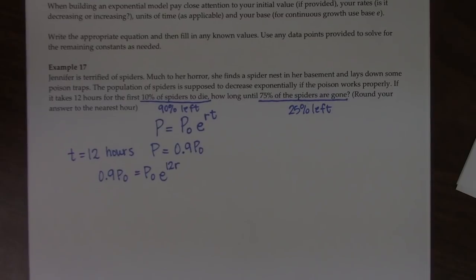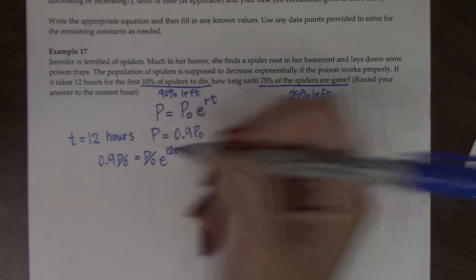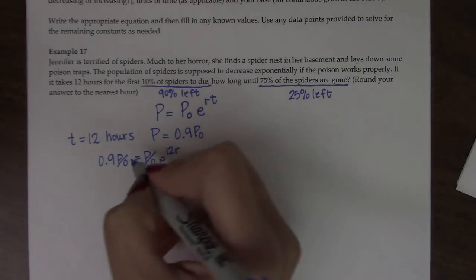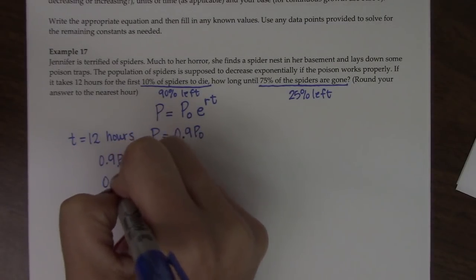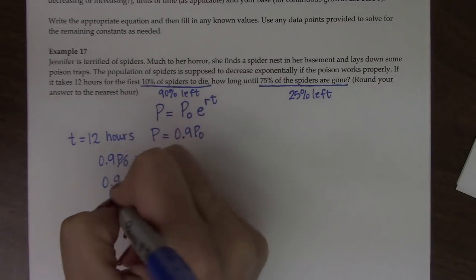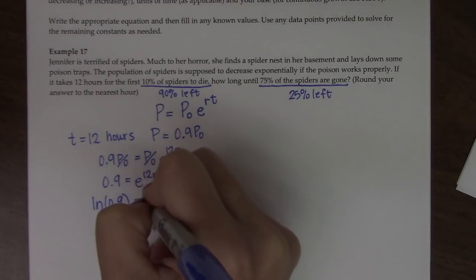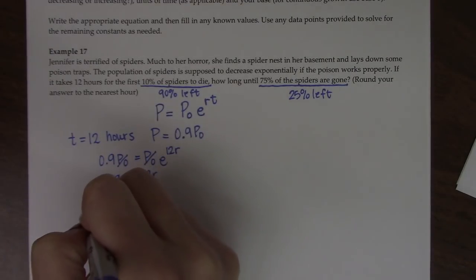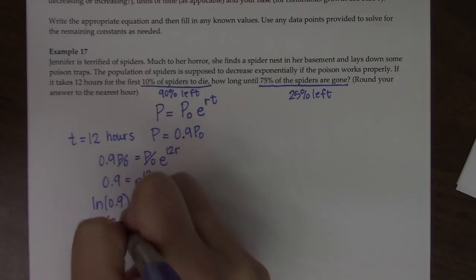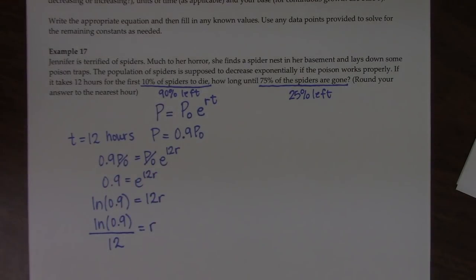What we need to do is find the rate of decay. The initial amount's going to cancel, and then I can say 0.9 equals e to the 12r. We can take the natural log of both sides. So the natural log of 0.9 divided by 12 is the rate of decay.